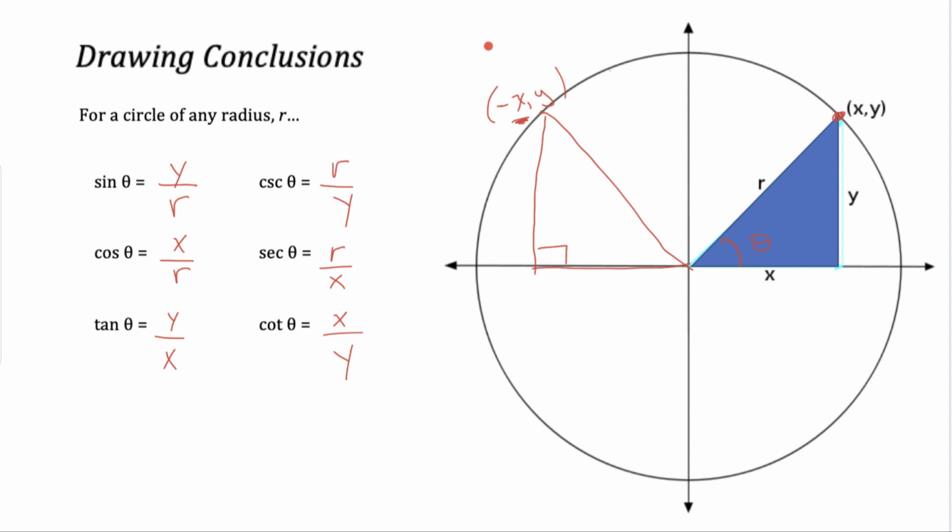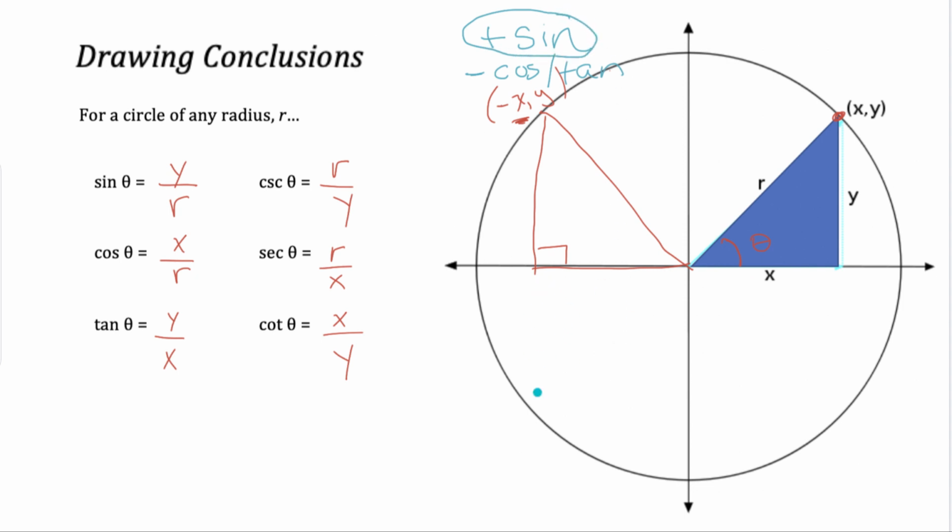So sine is positive in the second quadrant. Okay, the rest are negative: cosine and tangent, and obviously the reciprocal functions that go along with them, secant and cotangent. But positive sine, this is what we're going to want to keep in mind, positive sine.